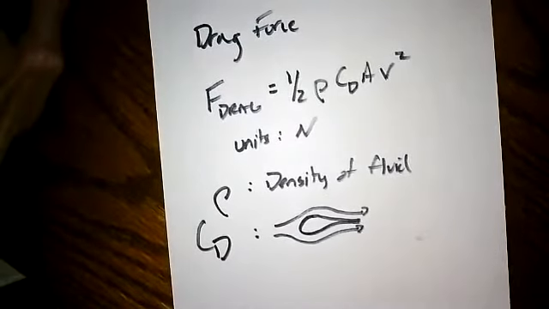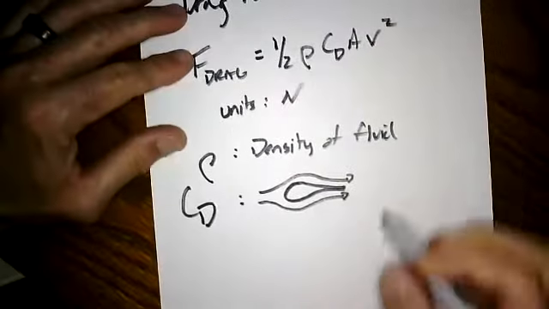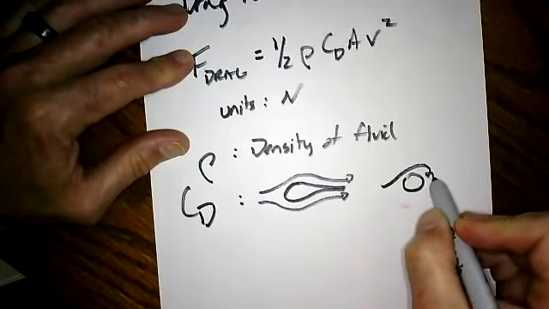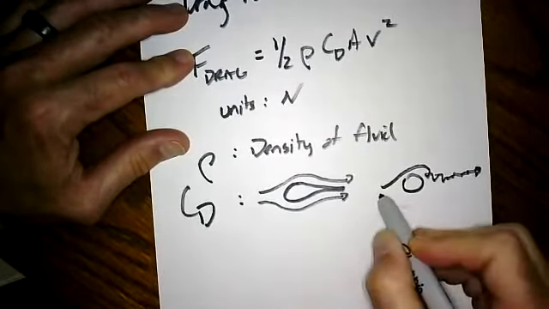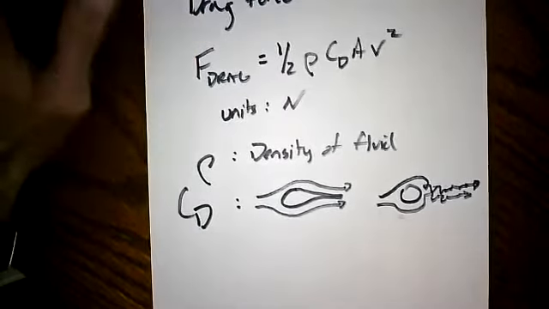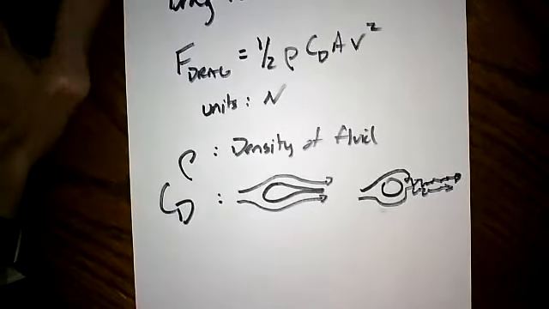And if the air easily moves over the surface of the object, then we have a low coefficient of drag. If the air does not move easily over the object, like even around, we get some turbulence behind the object. If the air does not move easily over the object, we'll get a higher Cd.